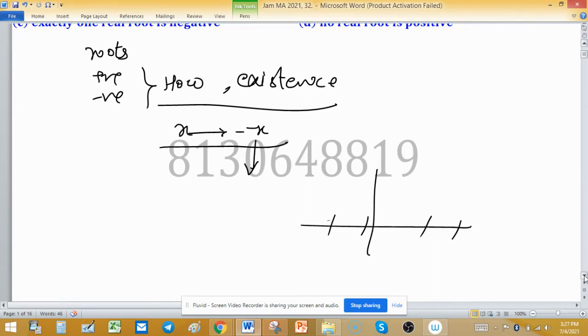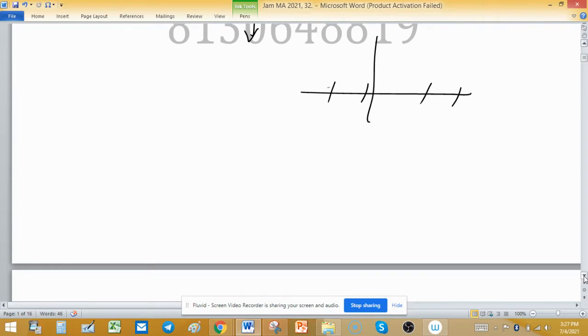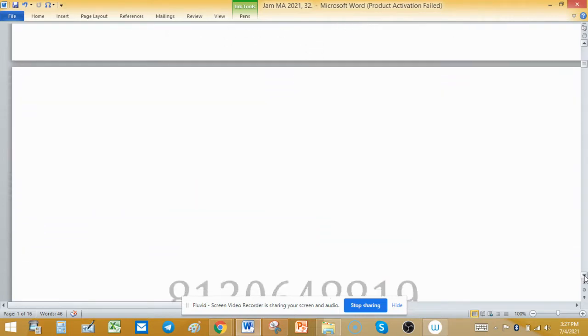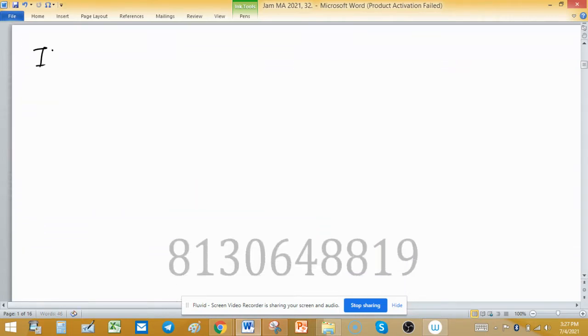Also, a very commonly used theorem in real analysis that we study about roots is the IVT, or intermediate value theorem.